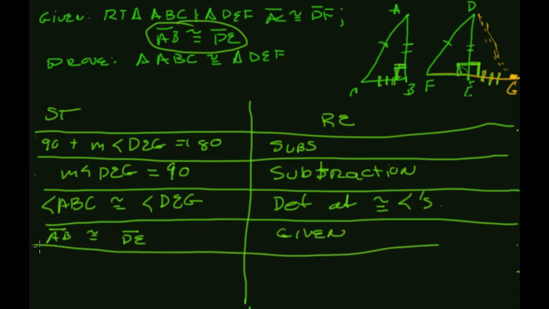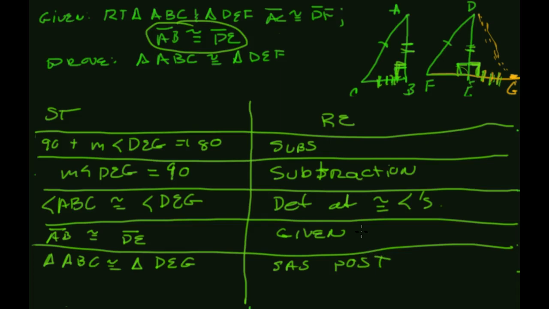Now I have a side, an angle, and a side in two triangles. So that tells me that triangle ABC is congruent to triangle DEG. And how do I know that? By the SAS postulate.